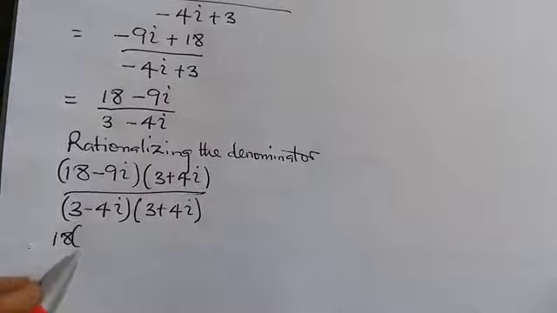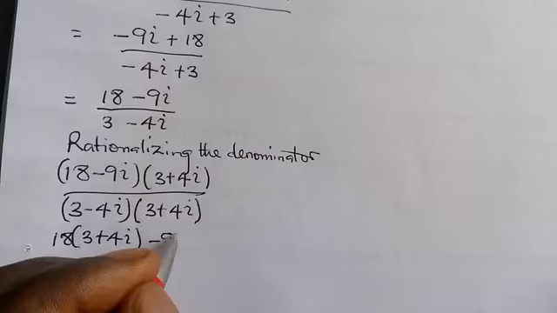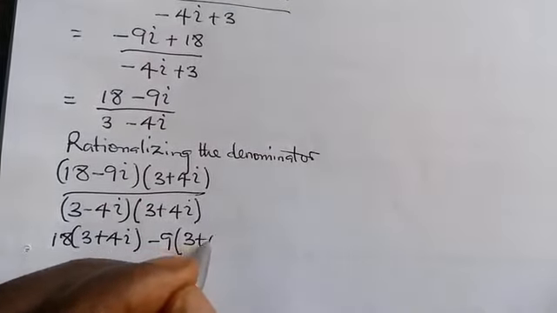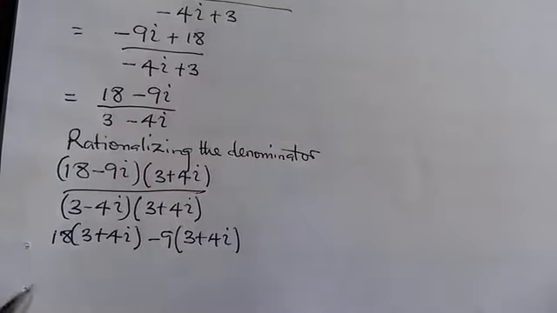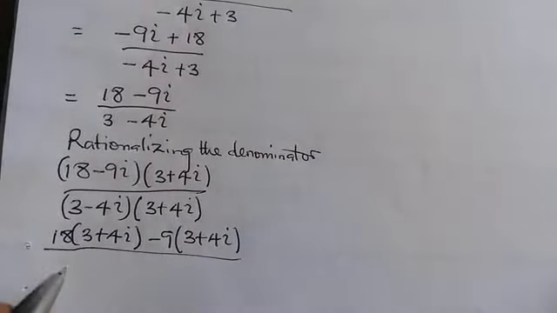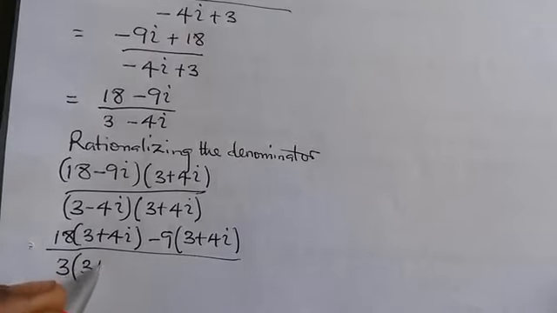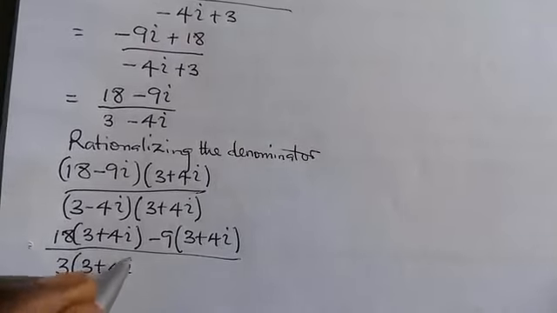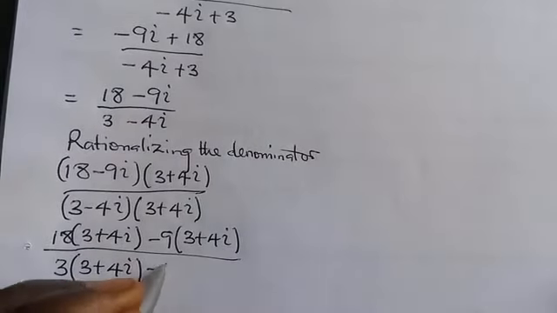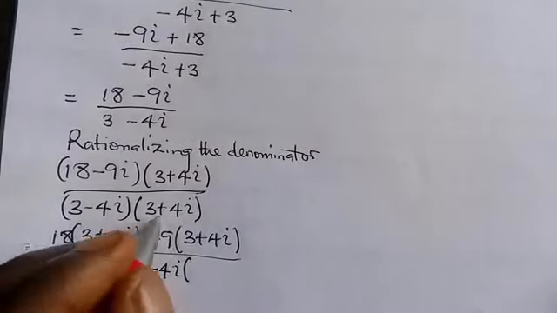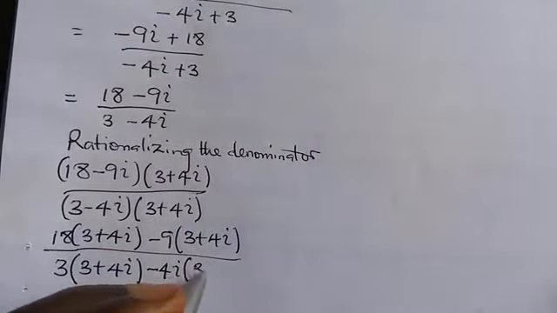Then -9, which is the second term in the first bracket, multiplying everything in the second bracket, 3 + 4i. All divided by 3, the first term in this bracket, multiplying the second bracket, 3 + 4i. And then -4, which is the second term in this bracket, multiplying everything in the second bracket, 3 + 4i.